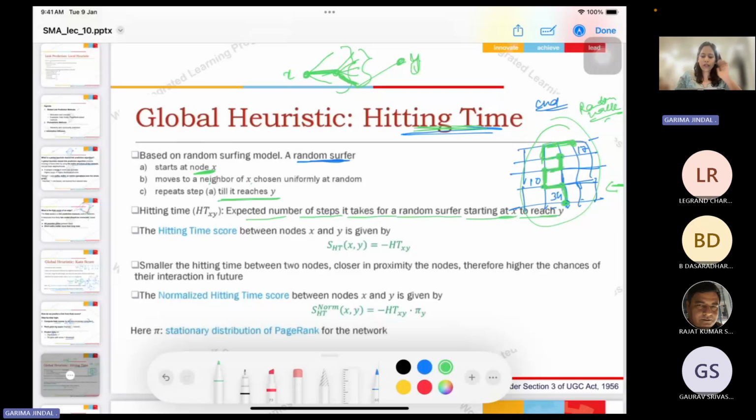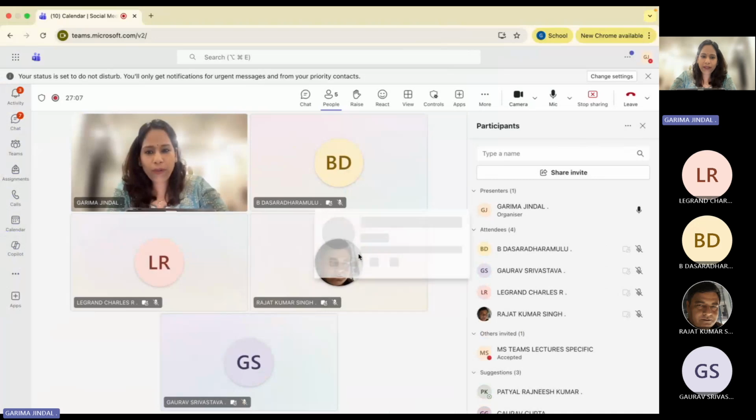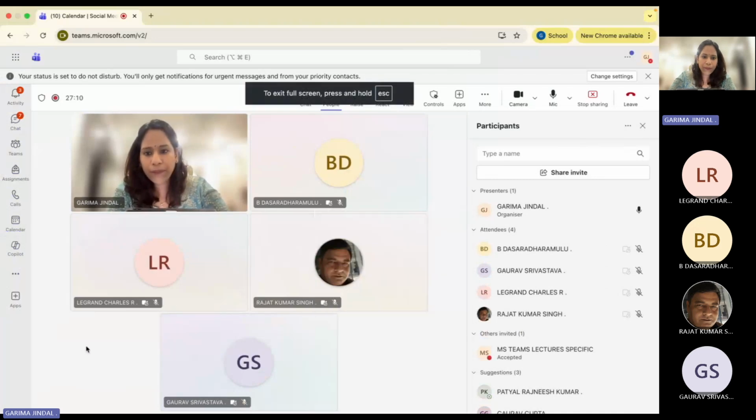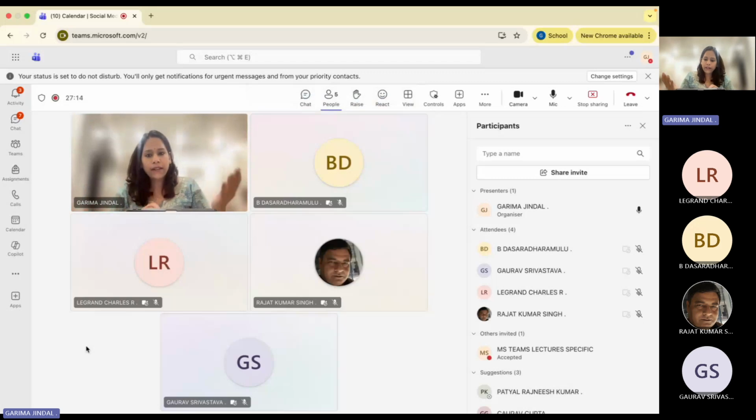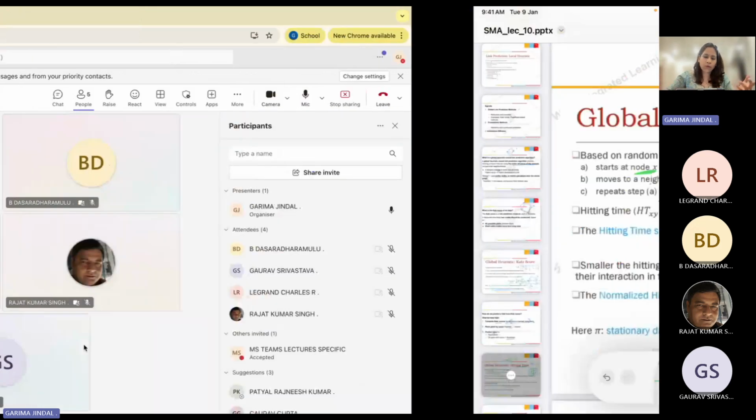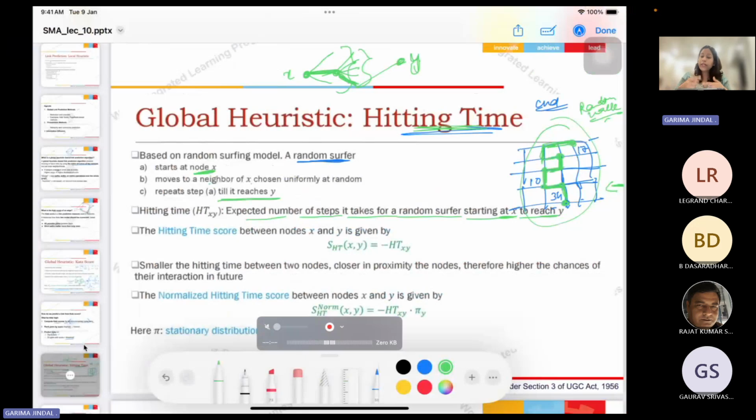So in this algorithm, I have explained what a random walk is. I hope random walk is clear to everyone. You start a random walk, suppose you start from X and you reach Y, and the total distance between X and Y was, let us suppose, 10. Now you keep on repeating this experiment, maybe 10 times.